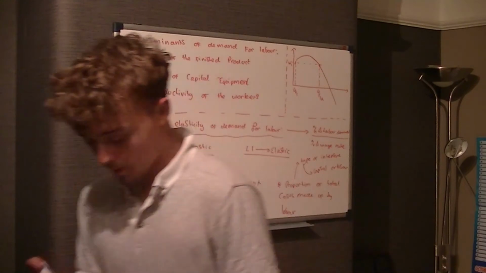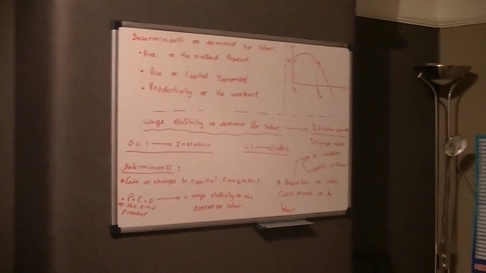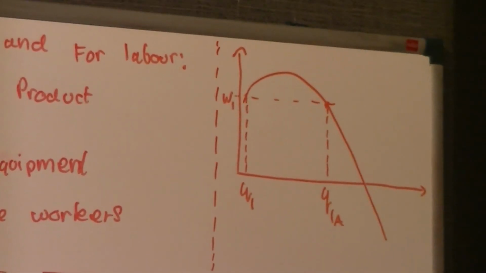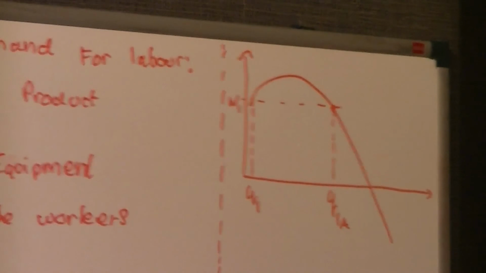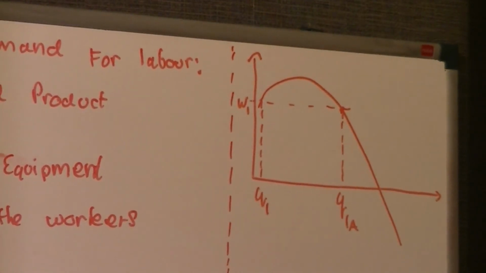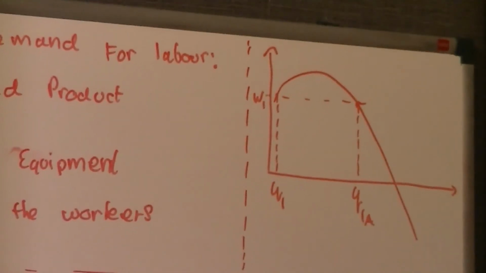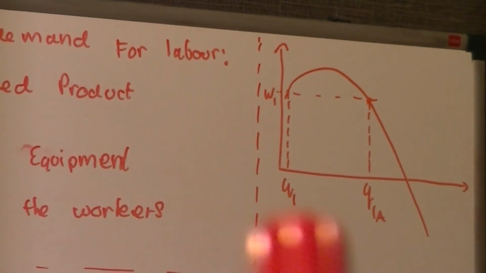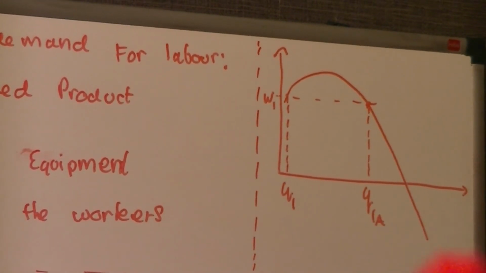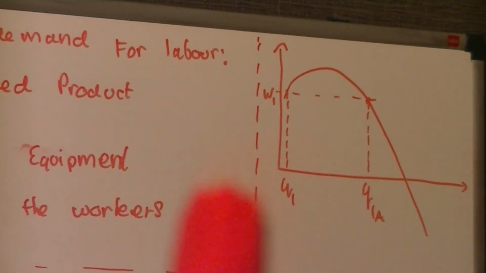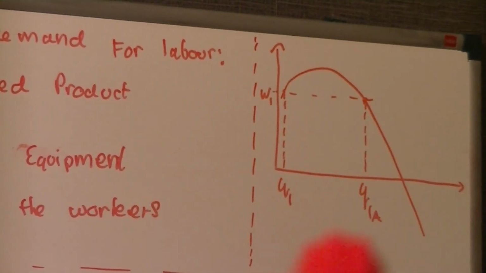Now the reason you might get asked sometimes, why do we focus on just the sloping? Because normally when you see the demand curve for labour, it'll just be a straight downward sloping demand curve for labour, and that's because we've got two points there. Let's point them out. So basically we've got two points there, and we'll always want to, because we're paying the same wage rate, so why would we want a smaller amount of workers as opposed to a larger amount of workers?